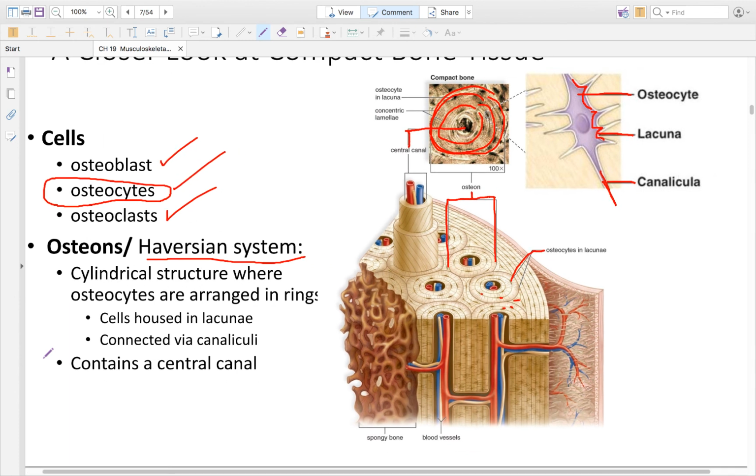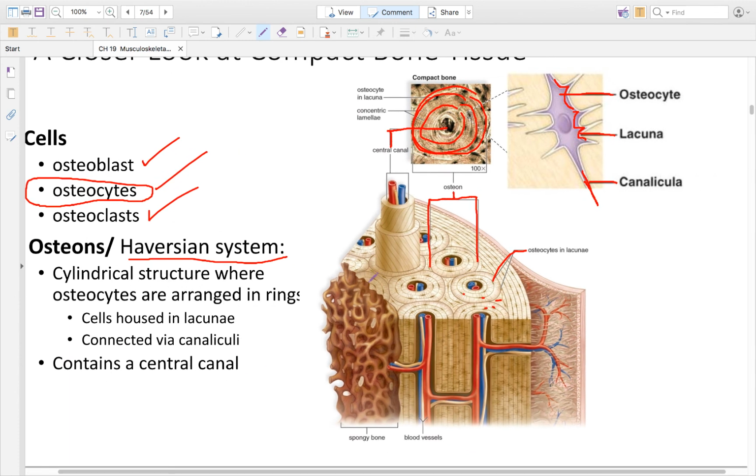The other part of that is inside of the central canal, there's vascular tissue and nerve tissue. And notice this, that if we follow this canal downwards, see how it connects? It actually connects to the next osteon, and this goes on and on and on through the entire bone.